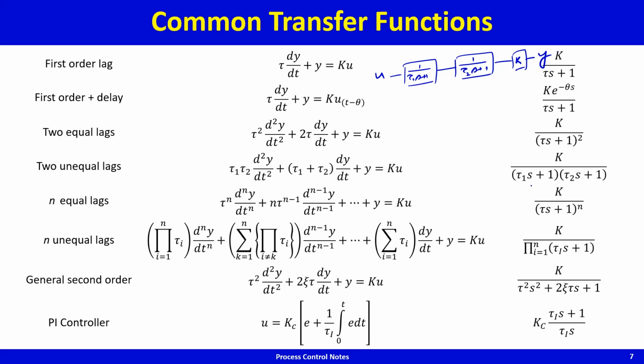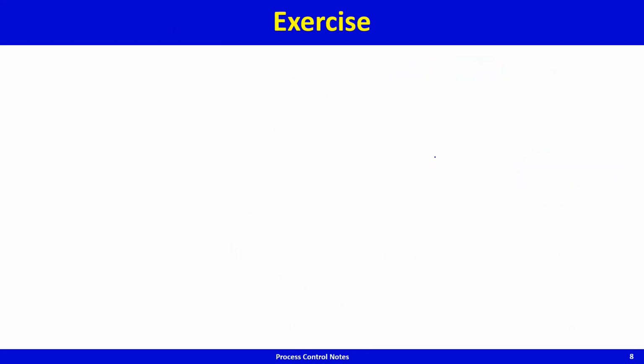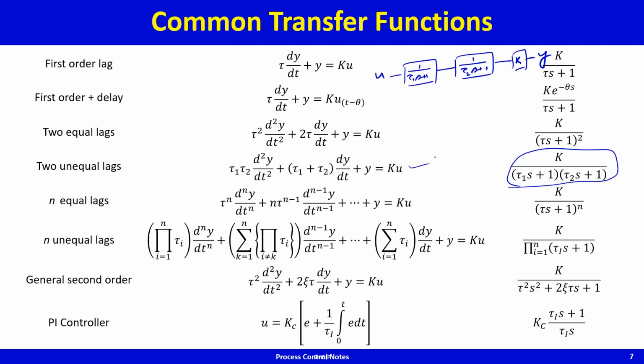You can see that the transfer function turns out to be this, and if you just expand this, you'll get tau 1 tau 2 s square plus tau 1 plus tau 2 s plus 1. So tau 1 tau 2 corresponds to the second derivative, tau 1 plus tau 2 s corresponds to the first derivative, plus y is equal to ku. That's the differential equation that you get. So much easier to work the other way.